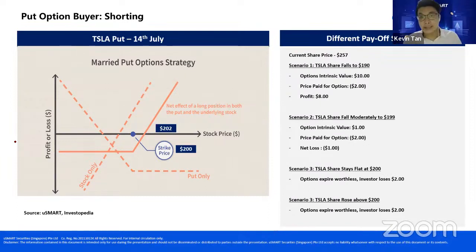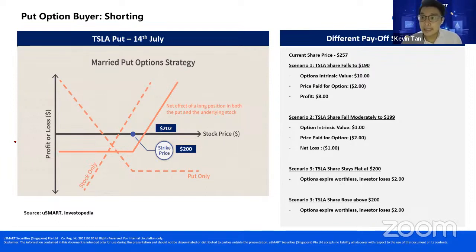Now, let's look at a scenario where, let's say, you actually short Tesla shares because you are super bearish on Tesla. You believe that Tesla shares will actually lose value. So assume that the current share price for Tesla is $257. And actually, you buy a put option with a strike price of $200, right? Now, Tesla shares actually fell to $190.